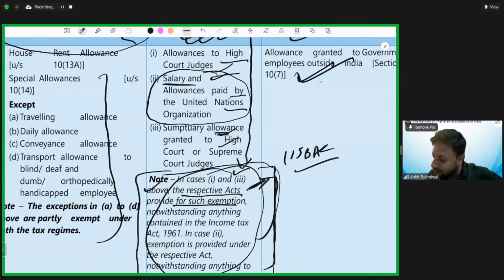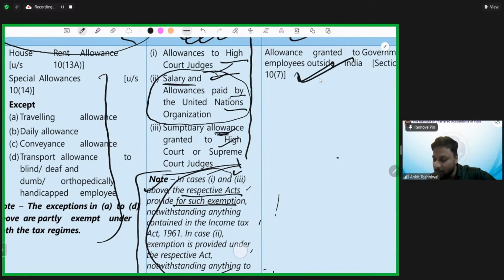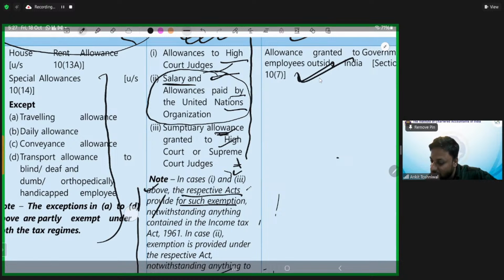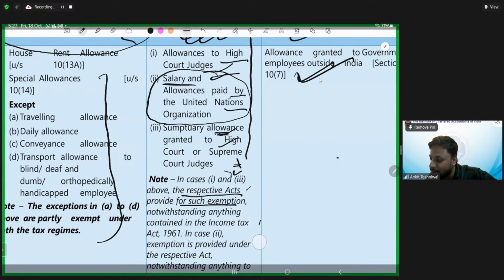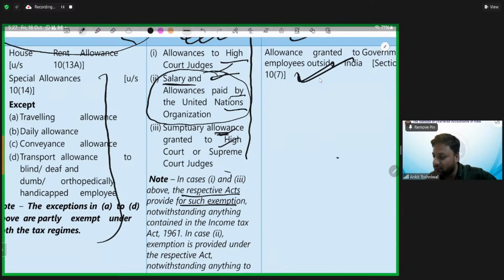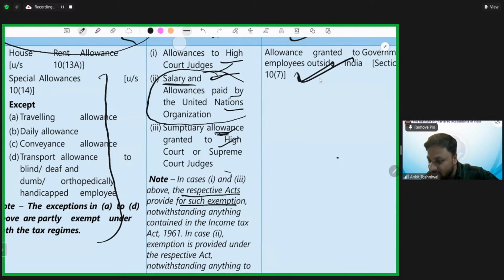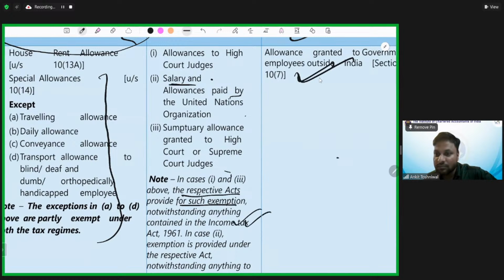There is a contradiction between the two provisions, and there is no clear clarification regarding them. That's why we are writing this note. Okay. Don't worry. The question will not appear in the exam without giving any clarification. If it appears in the exam by chance, please write this.